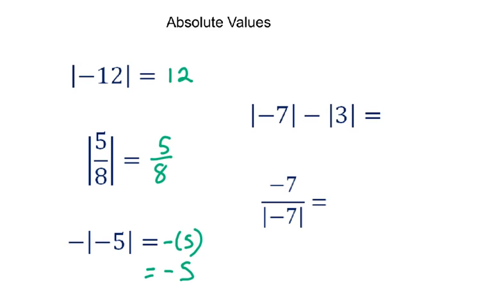So we're going to have to determine the absolute value of -7 and 3 before we subtract. So we get +7 for the absolute value of -7 and then 3, and so our answer is 4. Our last example, we have -7 in the numerator and we have the absolute value of -7 in the denominator, which is +7, so we end up with -1.